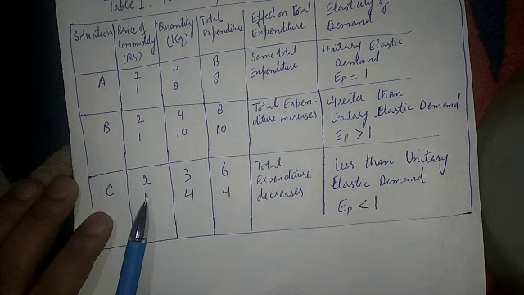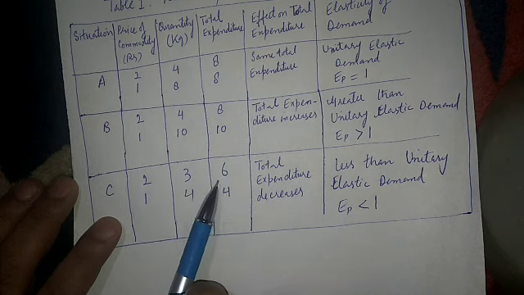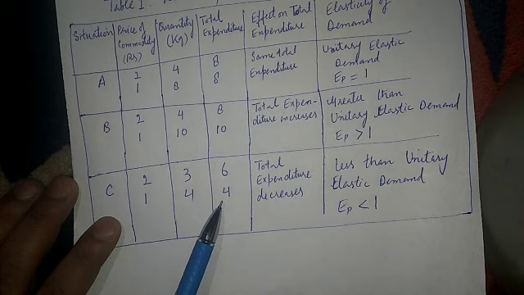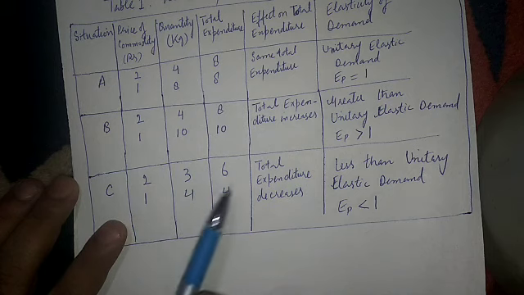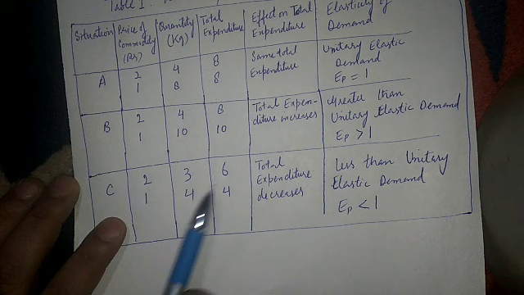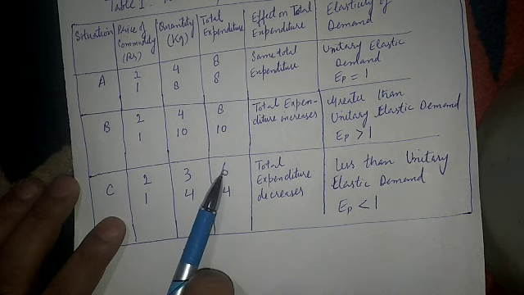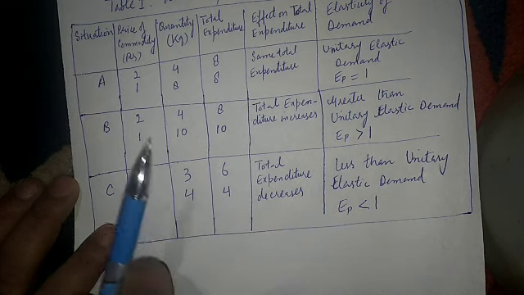Now, when the price falls to rupees 1, the total expenditure also comes down to rupees 4 because right now he demanded 4 kgs. That means the total expenditure decreases from rupees 6 to rupees 4.